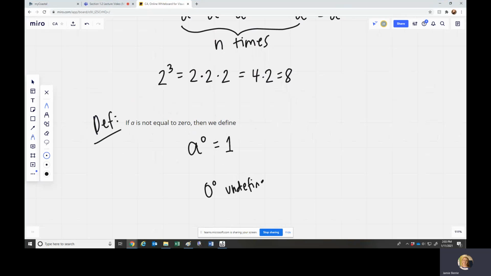That's why they specify there that the base can't be 0. So we're not dealing with this case here. But for example, any number raised to the 0th power is 1. So even if you had something like x to the 0, as long as you knew that x was not 0, then you could say that x to the 0 power is 1.